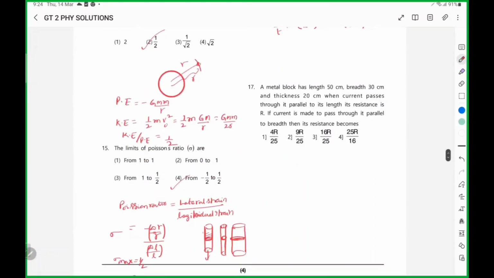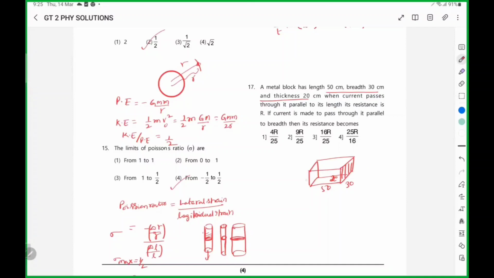A metal block has a length 50 centimeter, breadth 30, and thickness 20.